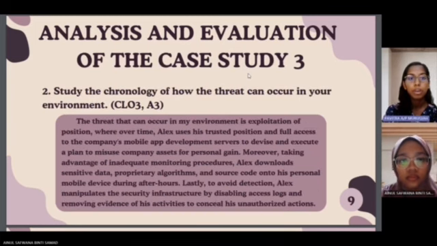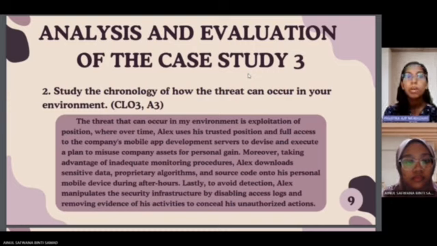The second question, study the chronology of how the threat can occur in your environment. The threat that can occur in my environment is exploitation of position, where over time Alex uses his trusted position and full access to the company's mobile app development servers to devise and execute a plan to misuse company assets for personal gain.